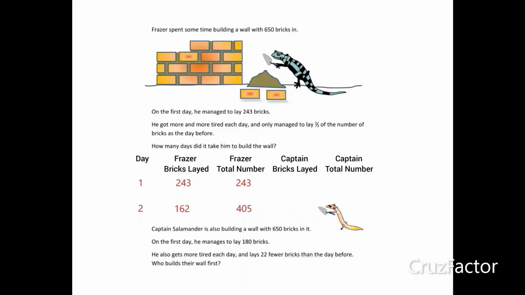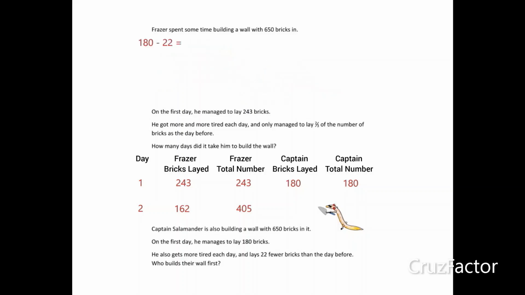So we know he put 180 bricks down on day one, and his total number is 180. On the second day, he's going to lay 22 fewer bricks than he did on day one, which was 180. That's just basic subtraction there. So you're going to take 22 away from 180, and you're going to get 158 for day two.